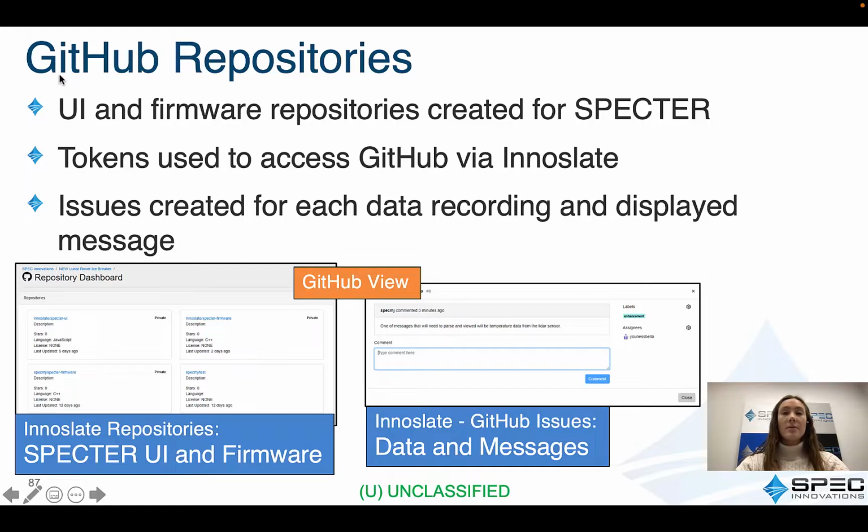A GitHub issue was created for each data recording to be collected by the hardware and each message to be displayed in the user interface.